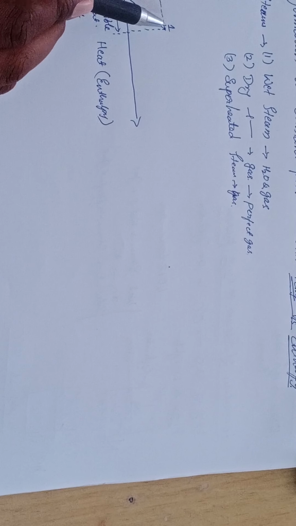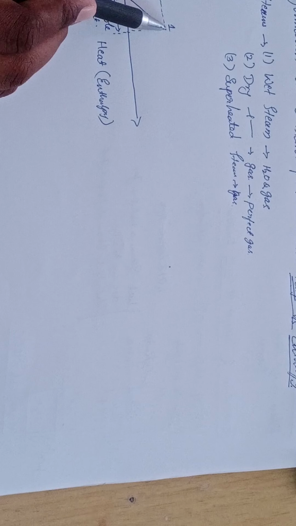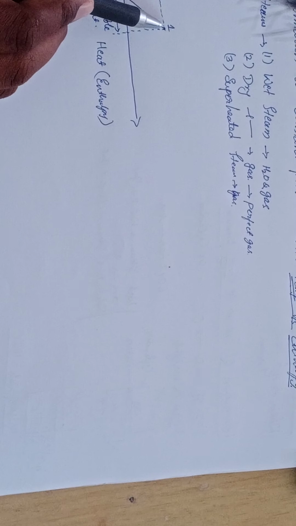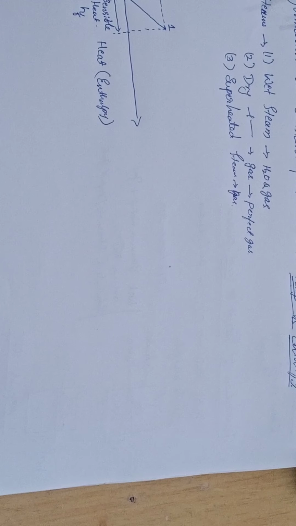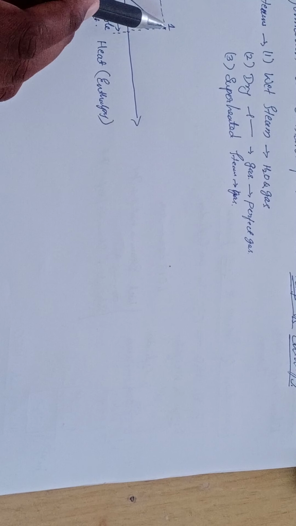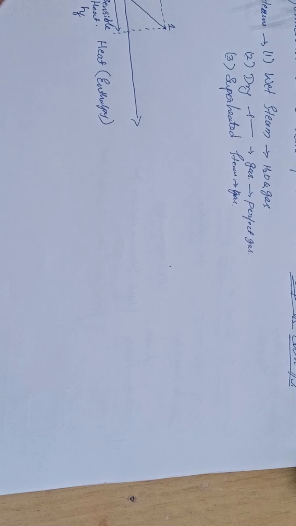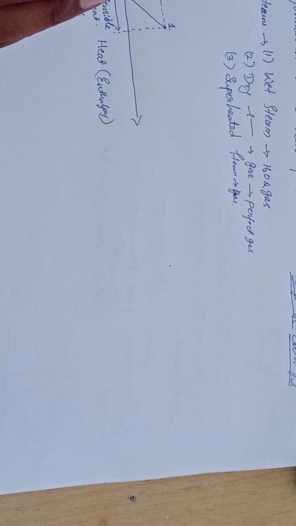From 0 degree Celsius, the boiling point of the water is 100 degree Celsius. It is called the saturation temperature. Between 0 and 100 degree Celsius, the water starts to convert into vapor or steam.